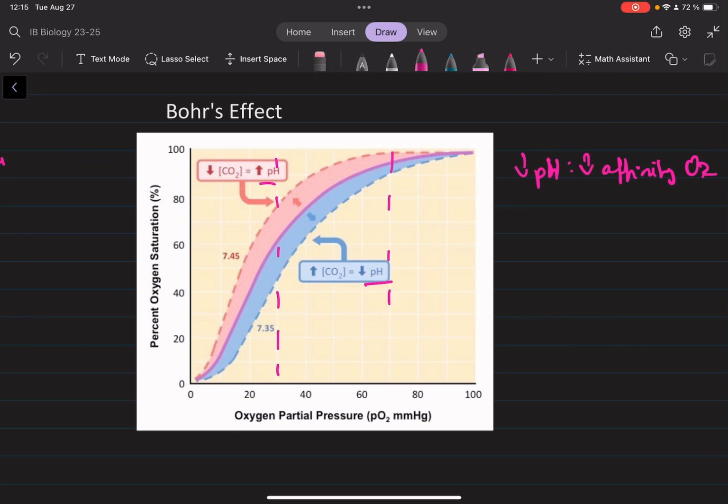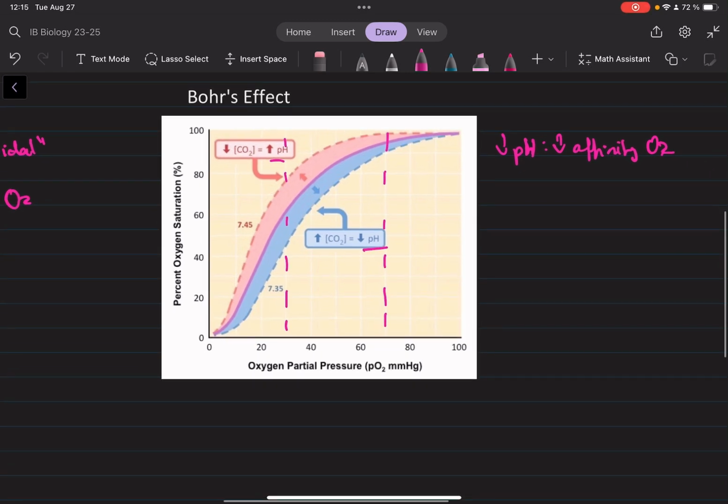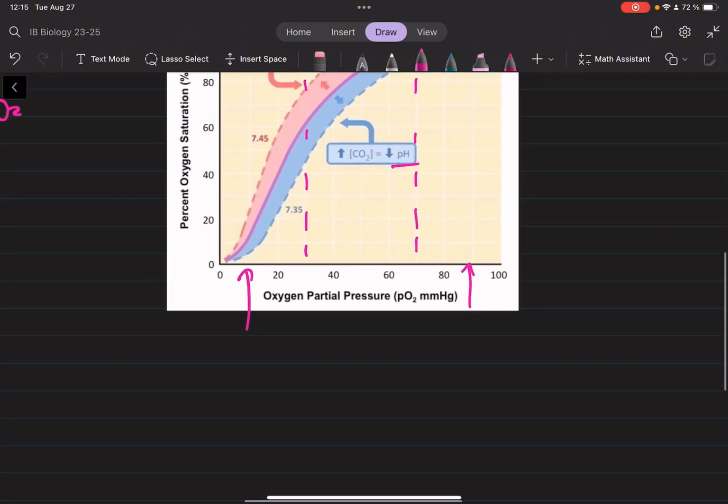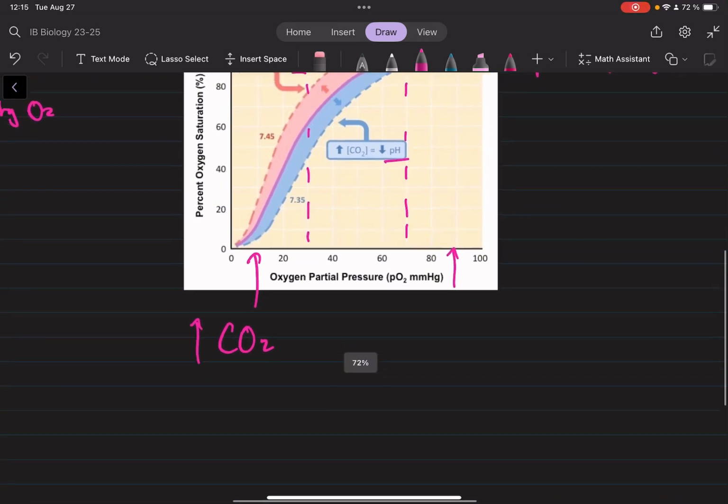Now let's imagine we've got these different parts of the graph again, where we've got the exercise muscles, we've got the lungs. The carbon dioxide affecting the affinity of blood makes sense because in the exercise muscles, we've got a high concentration of carbon dioxide because, again, respiration is happening and that releases a lot of carbon dioxide as a product.